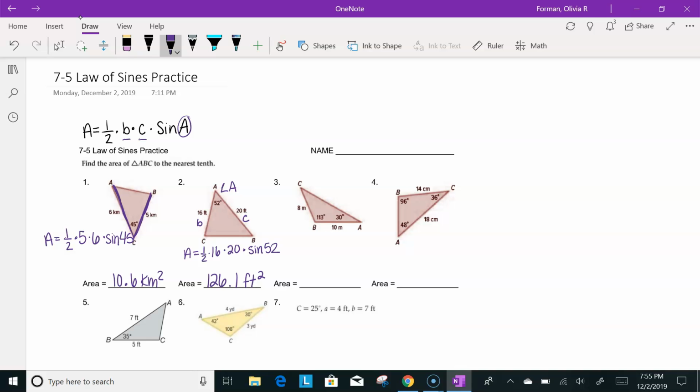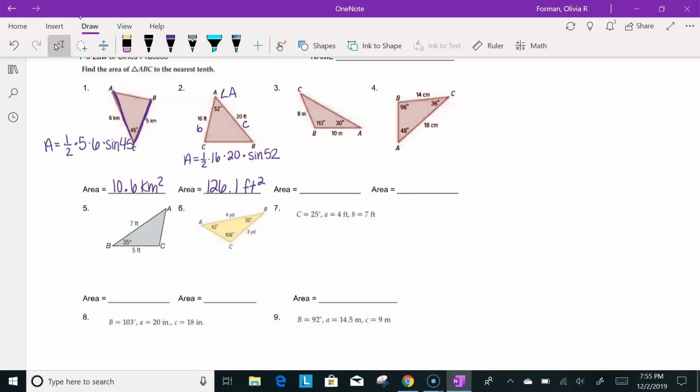Okay, so for those last 1, 2, 3, 4 there that have the pictures, all you have to do is set that up. They give you two sides. They give you an angle that's sandwiched between them. You will see in number 3 and 4, they give you a little bit of extra information. So weed out what's important, weed out what you have to use.